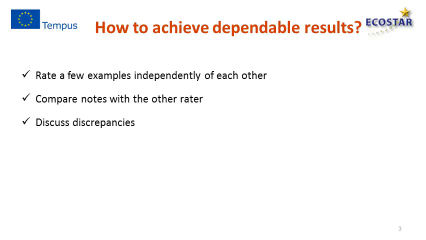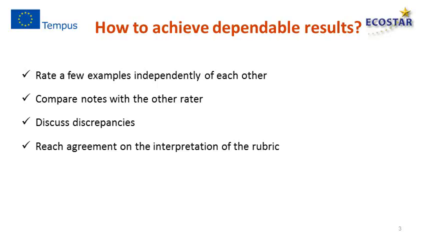But sometimes there may be discrepancies, small or big, and what you need to do is talk about how you interpreted the rubric and try to reach agreement among the two of you. Why were you high and the other person was low, or vice versa?